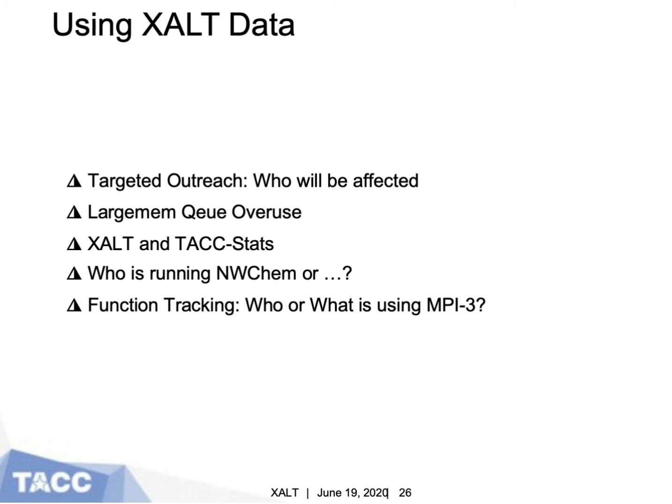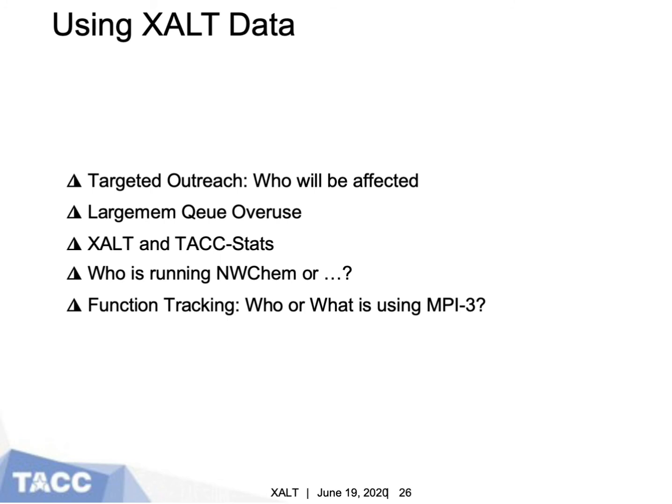TACC Stats is a tool which allows us to measure the performance on a node, and XALT can say what's running. And so we were able to find out who these users were, and that they could run with less parallelization. Instead of asking for all cores to be active, they could ask for half the cores be active and get double the memory. And we could show that they didn't need all the memory. They just needed more than full parallelization would give.